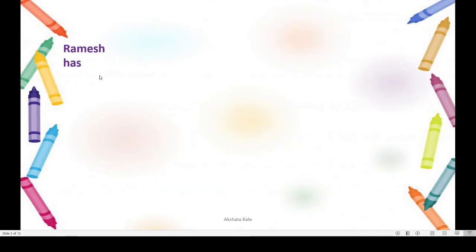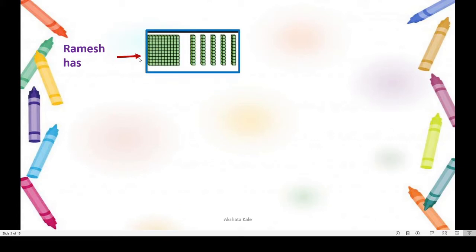Now here Ramesh, let us see how many blocks he has. See, this much blocks he has. This is 10 blocks close together, which means this is 1 ten. There are 10 blocks in one line. This is 10 blocks, again 10 blocks, again 10 blocks.